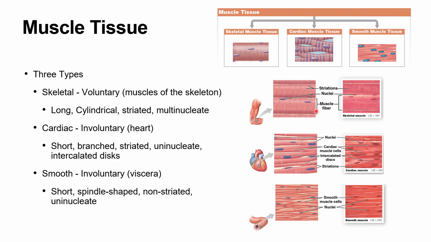A muscle fiber is a muscle cell. So those striations on skeletal muscle fibers are areas that are heavy in what are called myofilaments, the specific types of structures responsible for powerful muscular contraction.